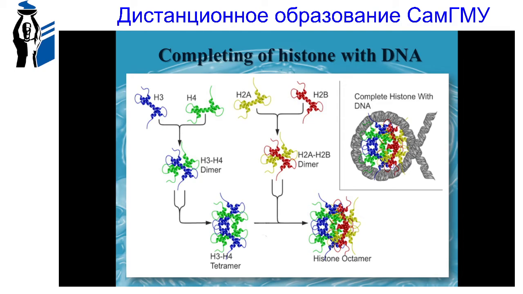The next level of compaction is loop domains of DNA, the third level of structural organization of chromatin, chromomeric. In the higher levels of chromatin organization, specific proteins bind to special regions of DNA, which forms large loops or domains at the binding sites.